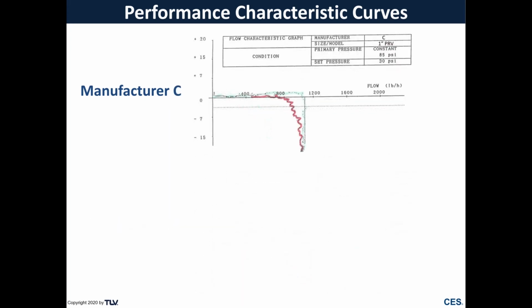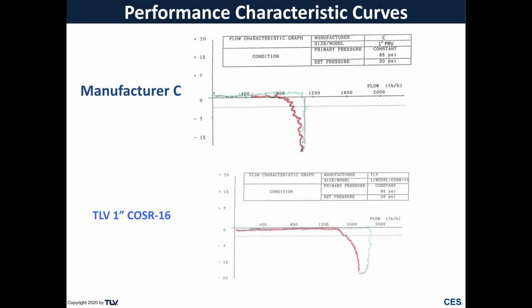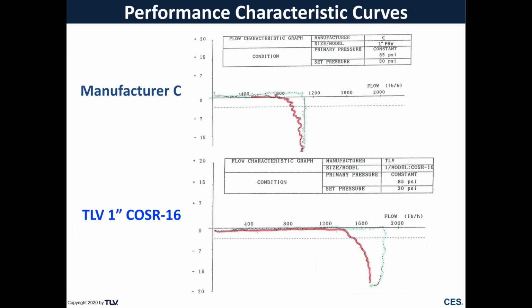Manufacturer C maintains close control through 900 pounds per hour load, and then control rapidly drops off from the set value. The TLV's 1-inch COSR has excellent control through 1,400 pounds an hour.